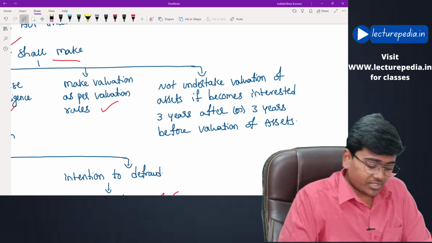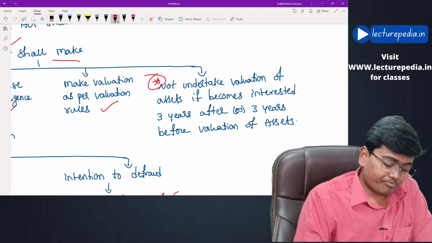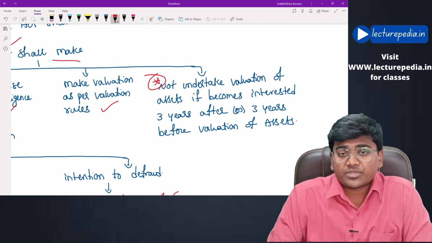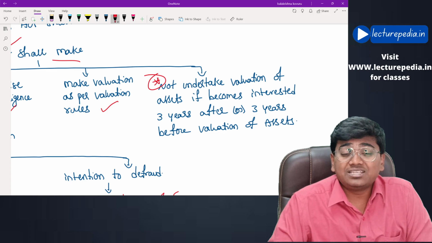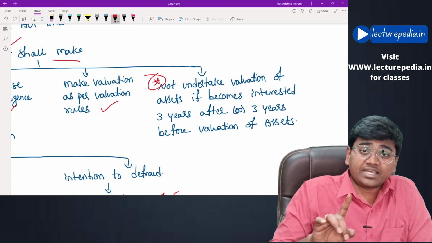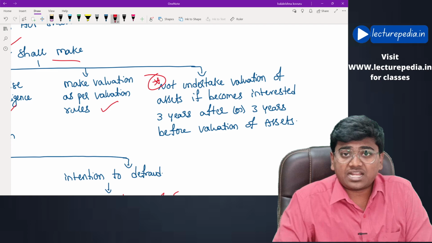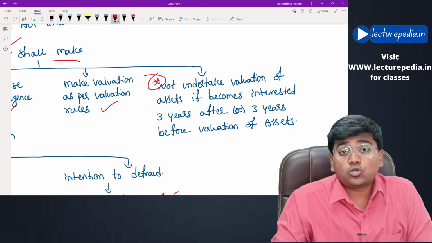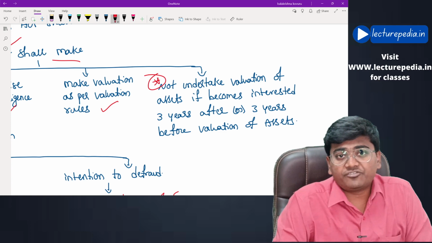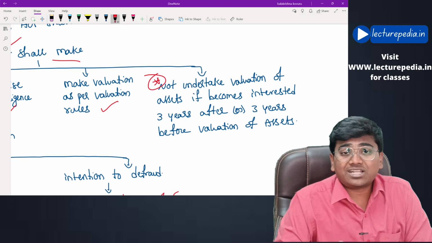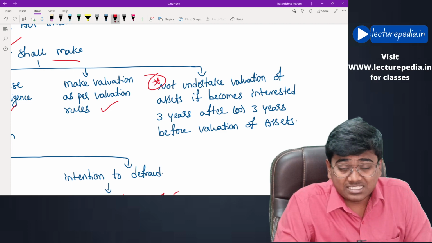And also, a very important point, he should not conduct valuation of those assets in which he is having interest in any of the preceding 3 financial years, or he is going to acquire interest in coming 3 financial years. He should not conduct valuation of these types of assets.